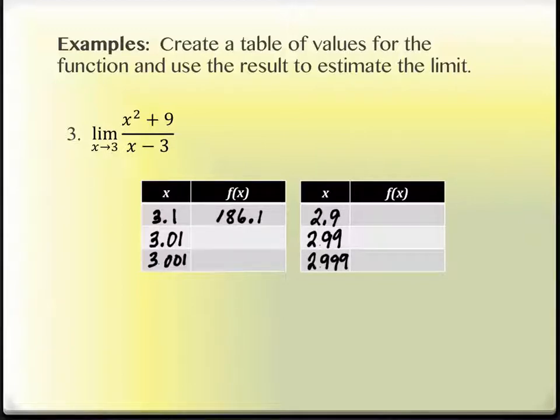And if you arrow down, you'll see that it's not just 1806, it's actually 1806.01. And if you arrow down again, you get 18,006.001.